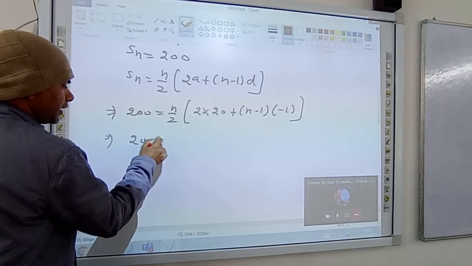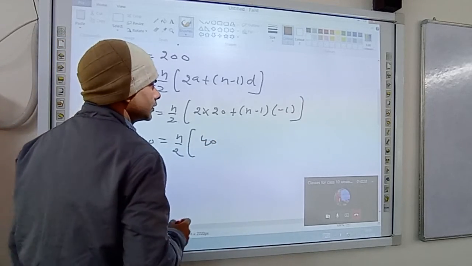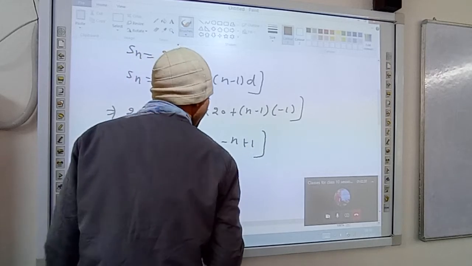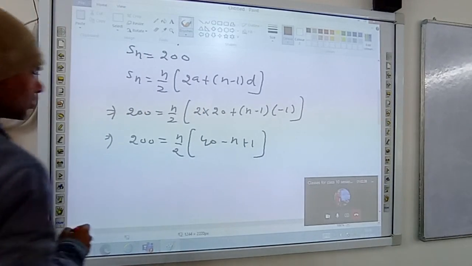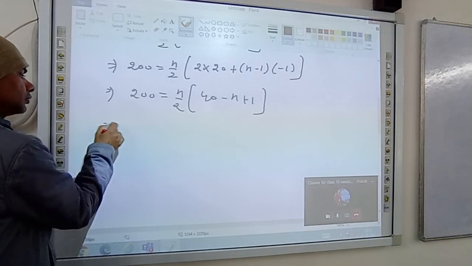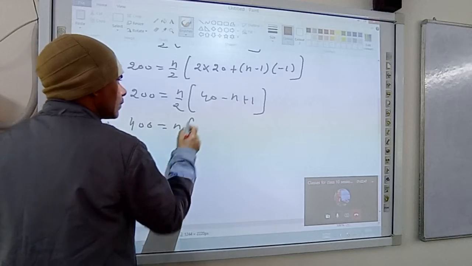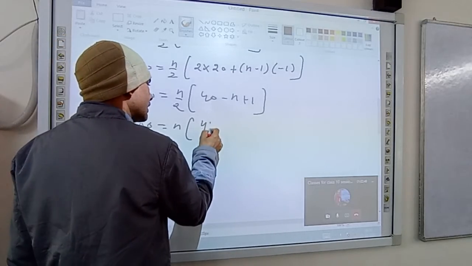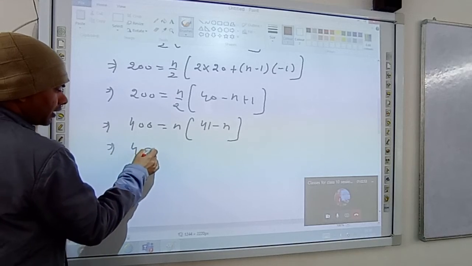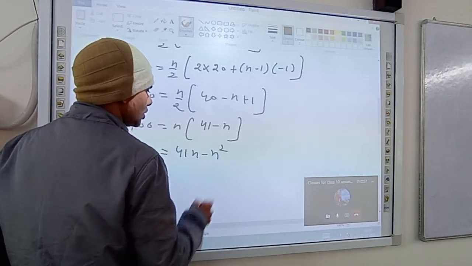200 equals n by 2 into 40 minus n plus 1. It becomes 400 equals n into 41 minus n, which is 41n minus n square.